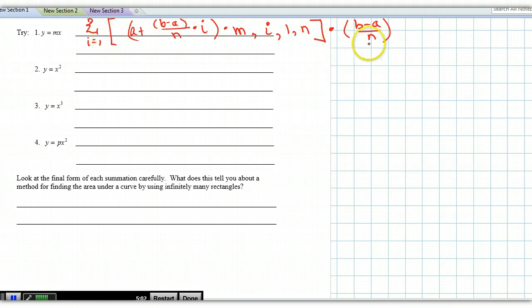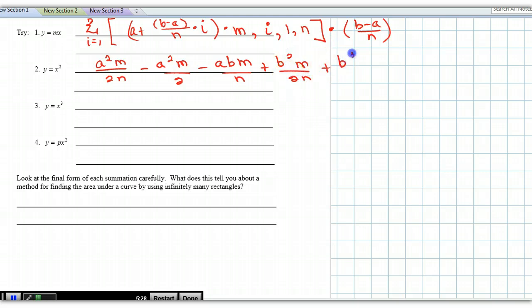Using my calculator to expand this out, which would be F2 algebra, expand that expression out, I will get a squared m over 2n minus a squared m over 2 minus abm over n plus b squared m over 2n plus b squared m over 2.